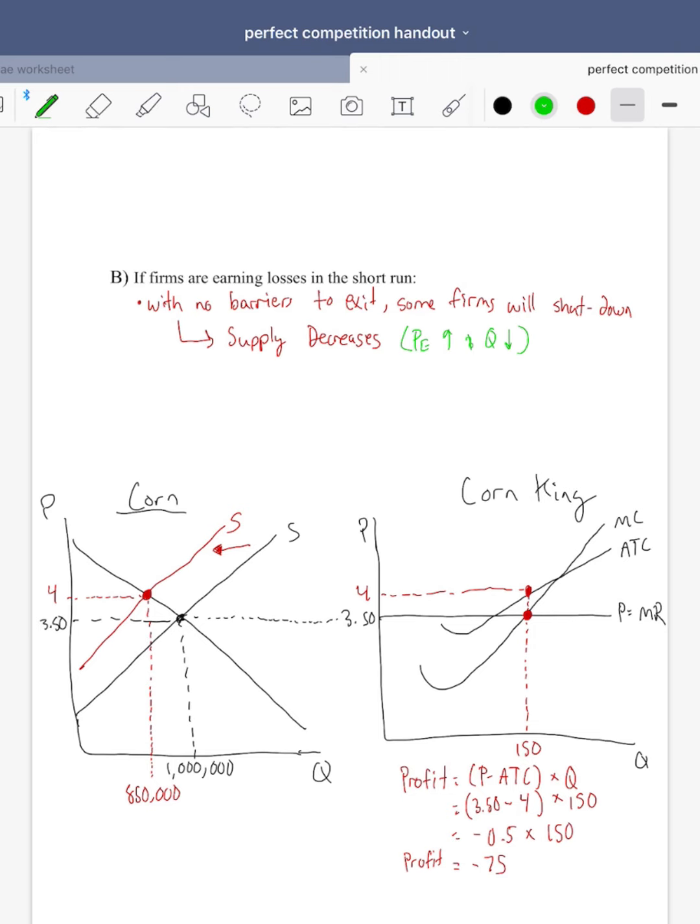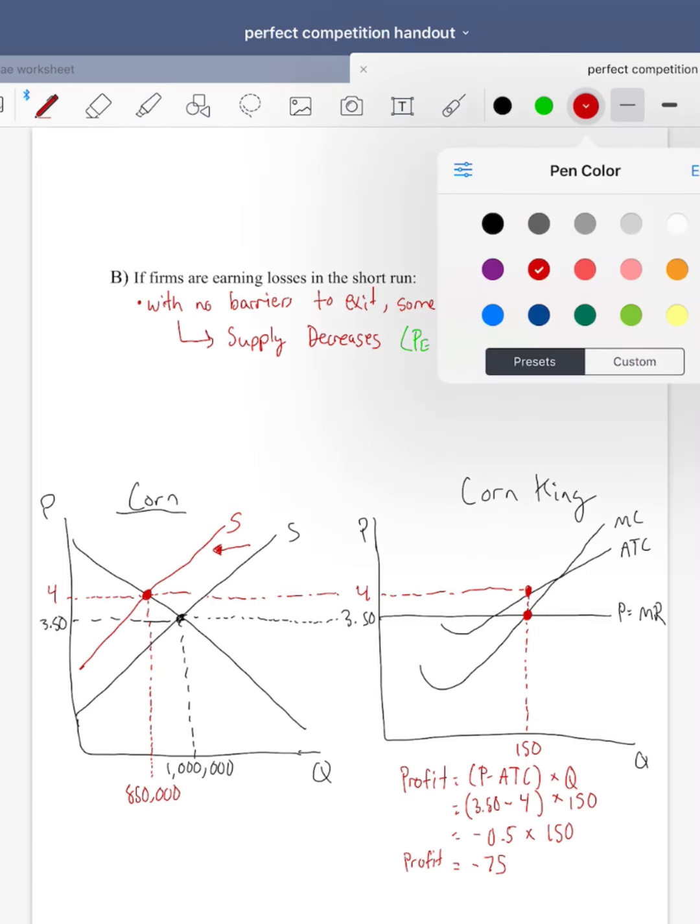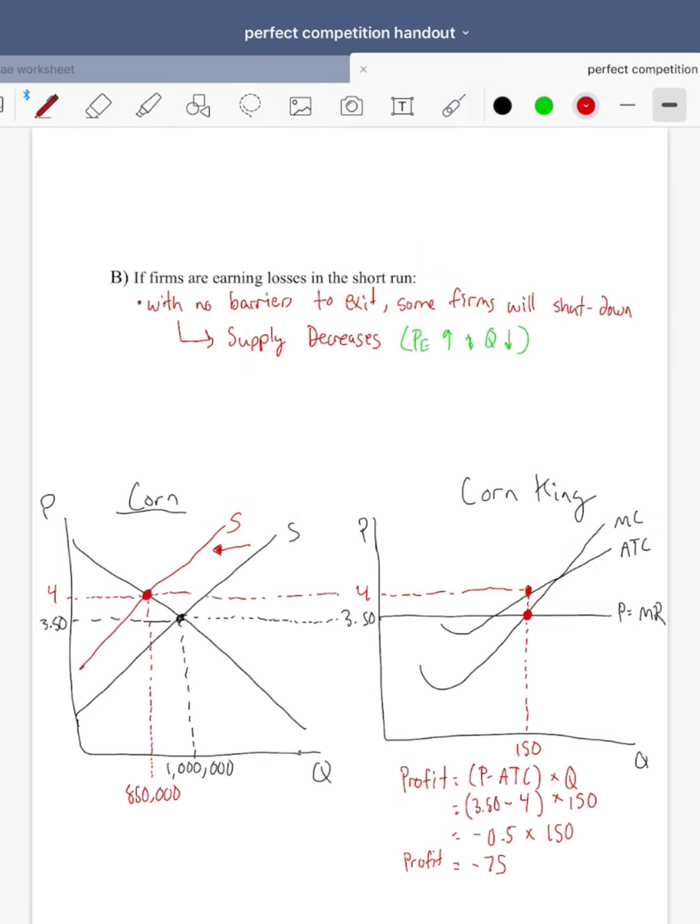Now this reduced competition is going to increase prices for everybody else who's still remaining in the industry. And by increasing the prices, that's also going to reduce losses, because we'll see that at the price of $4 for the market, well, then I'm going to start charging $4 for every ear of corn that I sell.